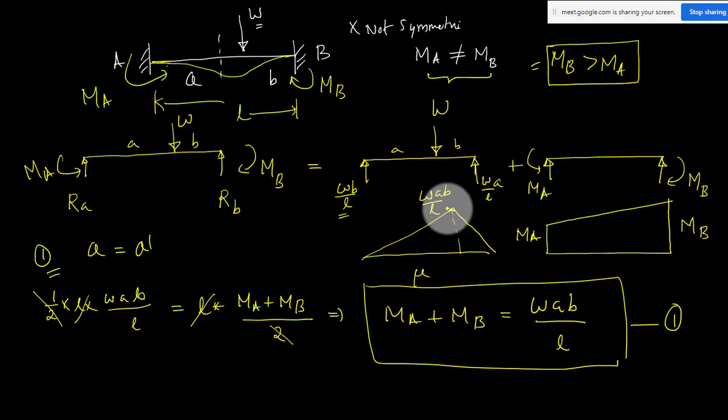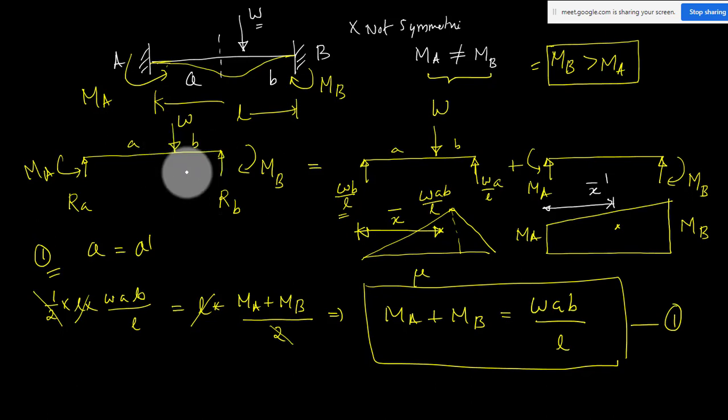So what is x bar? That is the distance from the left end for this moment diagram. It is x bar, and where is the CG? Somewhere here. What is the CG distance? It is x bar dash. These two should be equal in magnitude. So what is x bar?